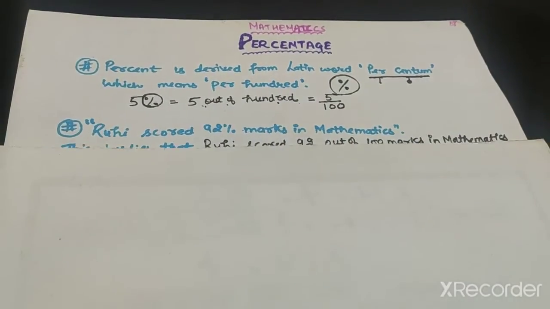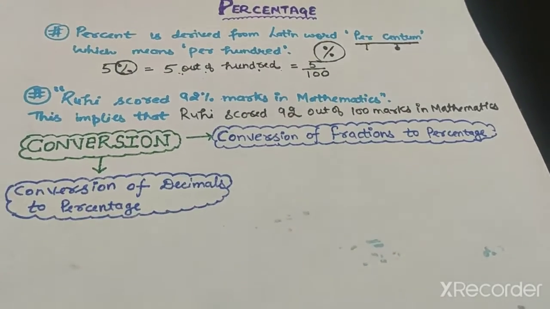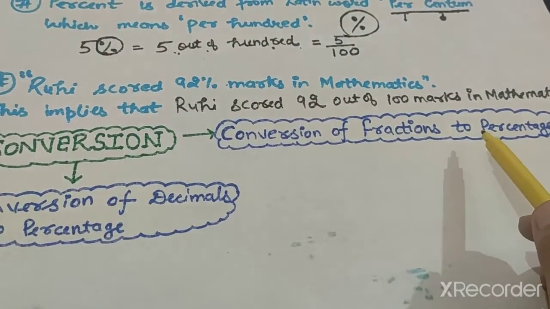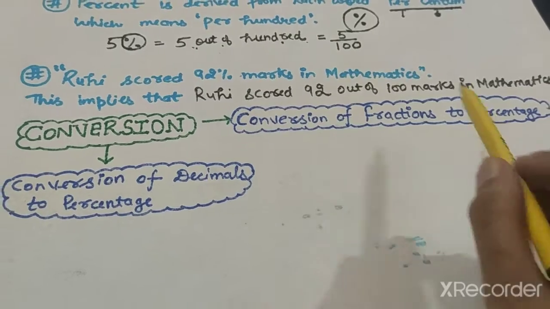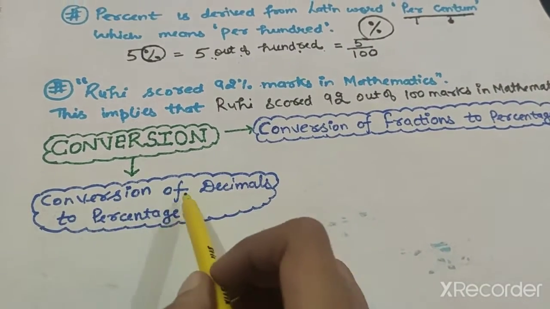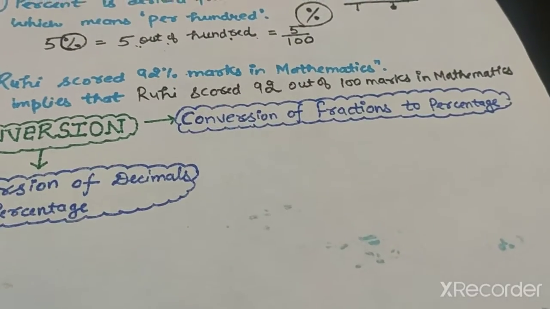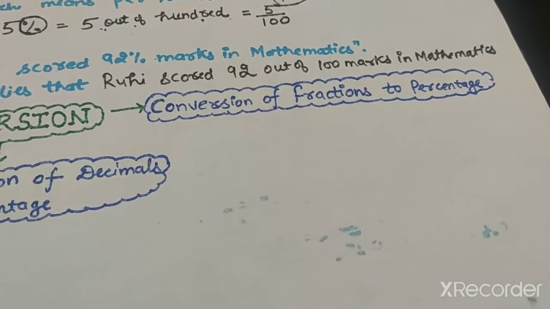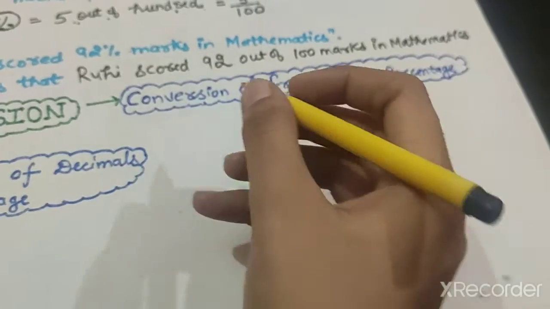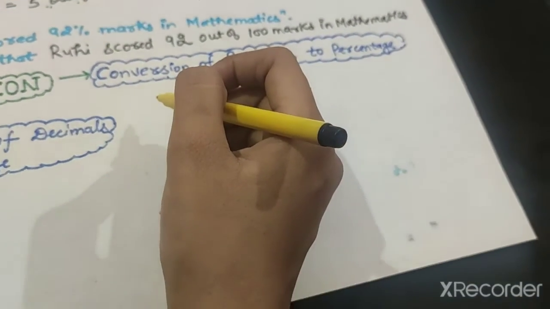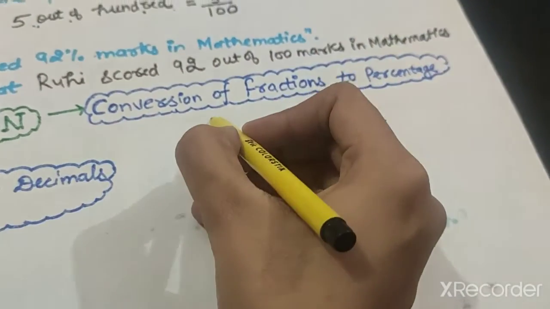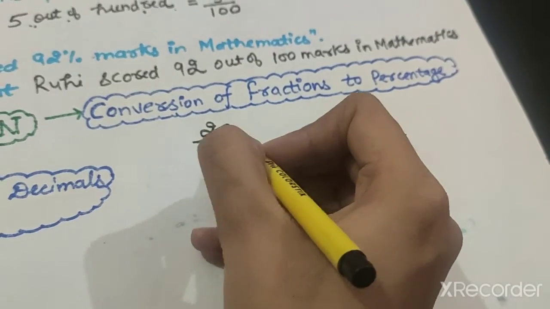First look at two conversions: the conversion of a fraction to percentage, and the second, conversion of decimals to percentage. First look at conversion of a fraction to a percentage. Take a fraction having denominator 100, for example 20 by 100.